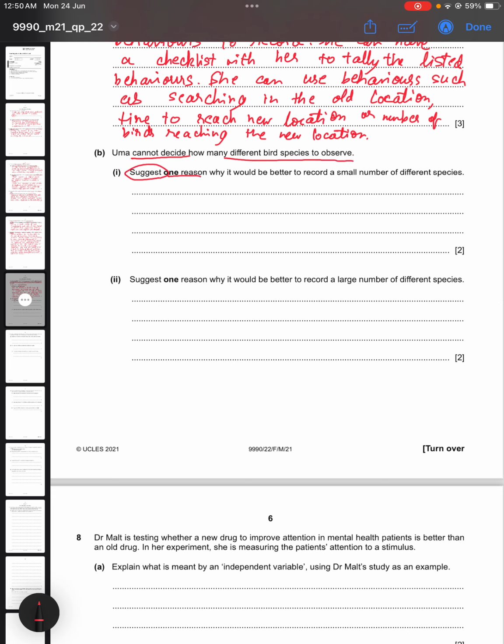Now part B says Uma cannot decide how many different bird species to observe. Suggest one reason why it would be better to record a small number of different species. So it has to be a practical reason.